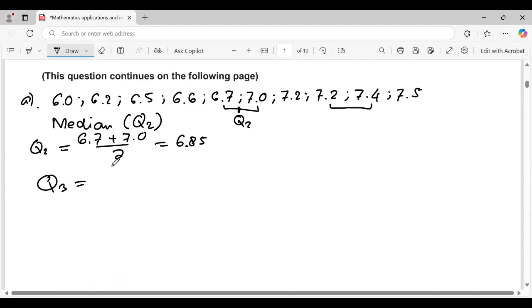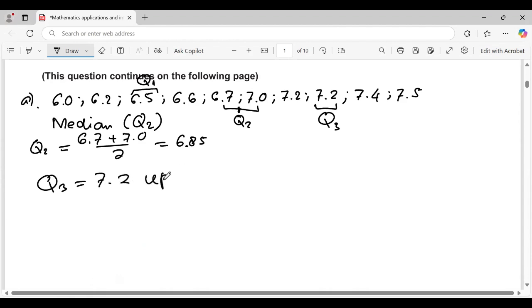So for Q3, counting 1, 2, 3, 4, 5, this is Q3, and for Q1, 1, 2, 3, 4, 5, it means this one. This is Q1. So Q3 is 7.2.